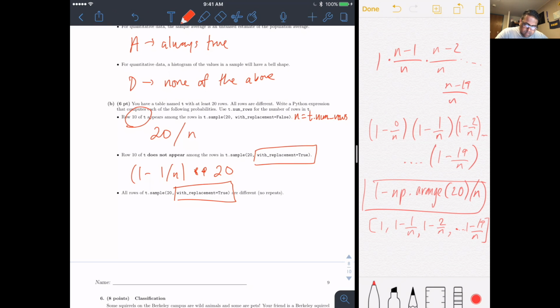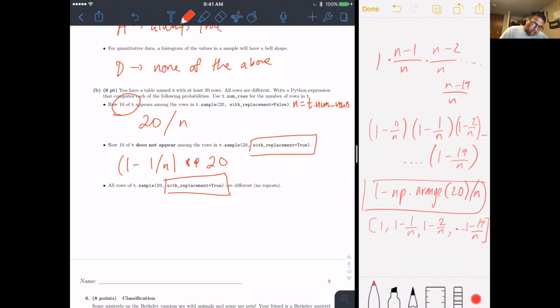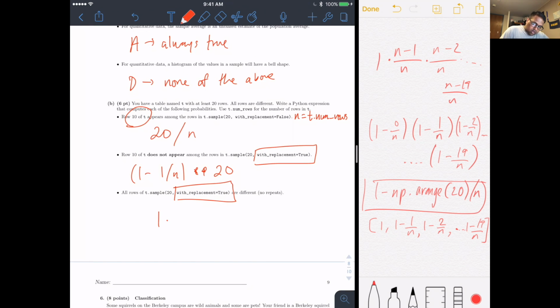It's similar to how we have done earlier in the class. So now we know that that will be our array, 1 minus np.arange 20 over n. Now we need some sort of function to go through and multiply all these values together.